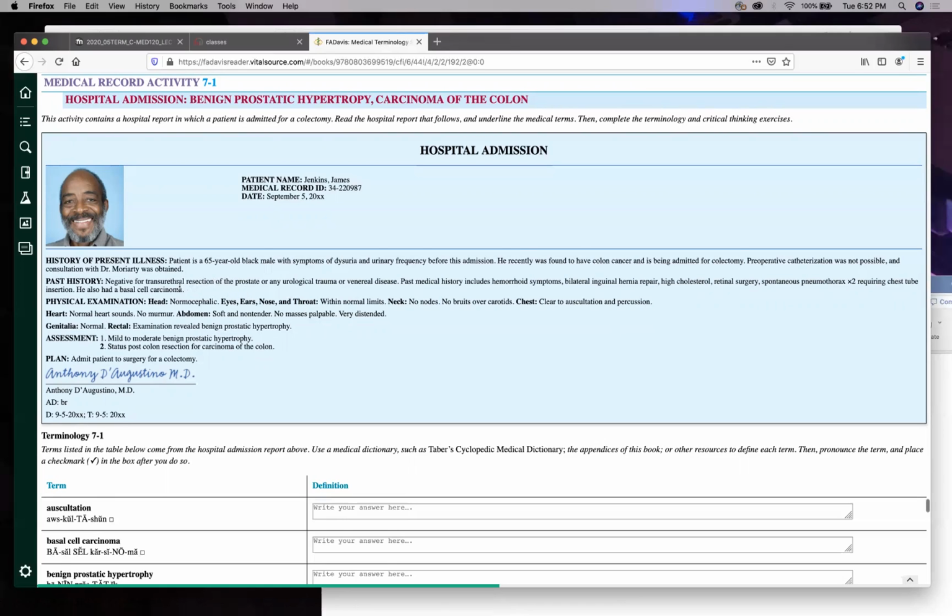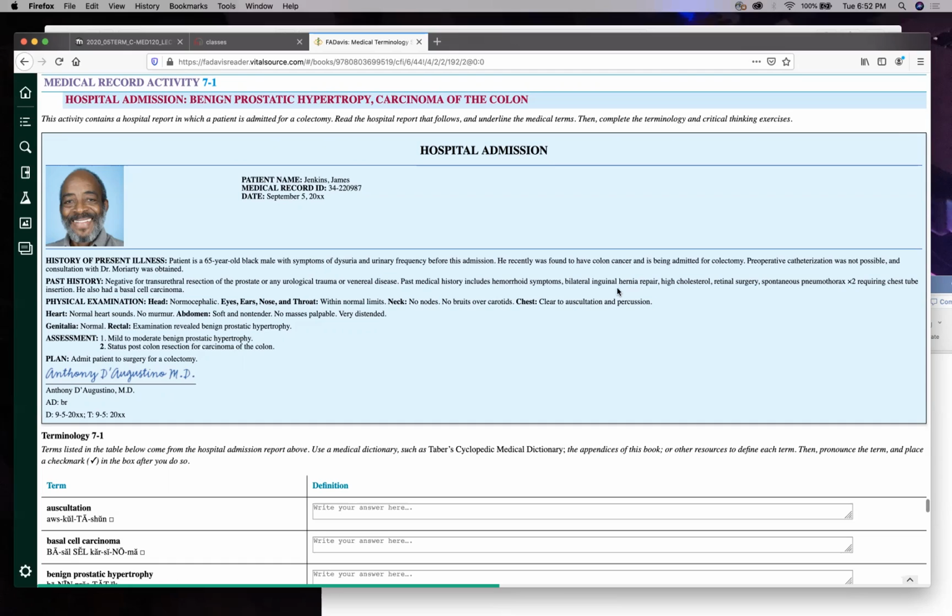You're going to look it up and it says transurethral resection. So they did a TURP, transurethral resection of the prostate, right? I could ask, true or false? Does Mr. Jenkins have a history of any venereal disease? No, he does not. But he has hemorrhoids. He had a bilateral inguinal hernia repair.